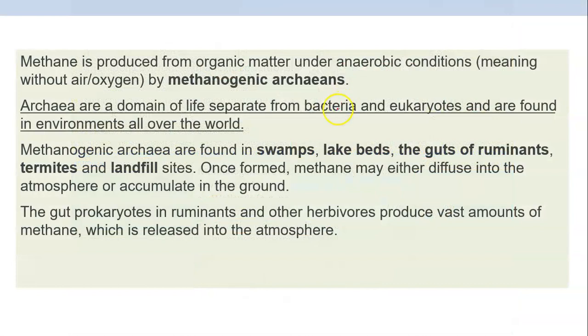Another slide related to methane formation, which is produced by methanogenic archaeans. Again, they can be found in swamps, lake beds, the guts of ruminants, termites, and landfills. Once formed, methane may either diffuse into the atmosphere or accumulate in the ground.